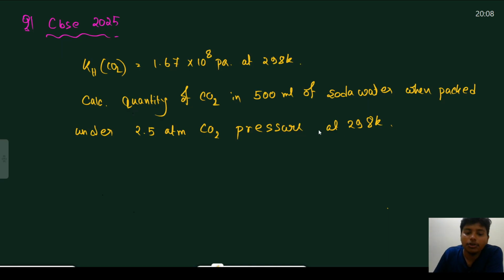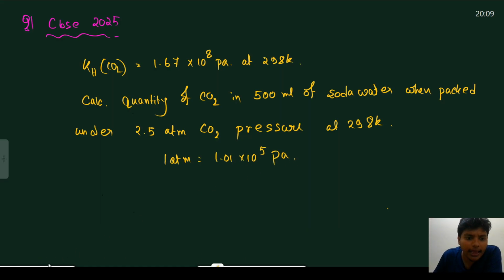So find out. One more thing, remember, 1 atmosphere is equal to 1.01 into 10 power 5 Pascal.